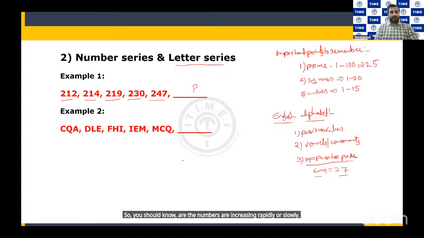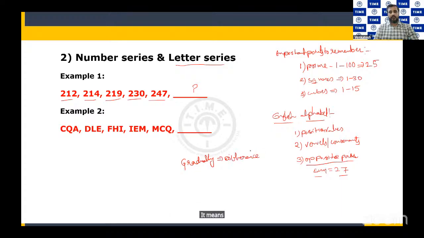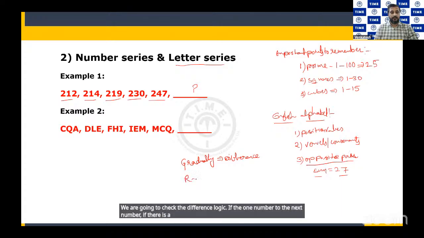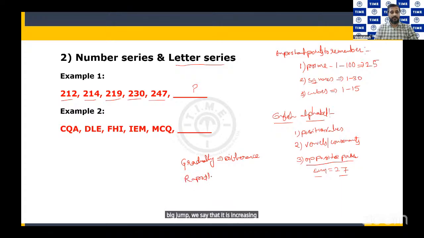If the numbers are increasing gradually, we are going to check the difference logic. It means from one number to the next, if there is a small jump, we check the difference logic. If there is a big jump, we say it is increasing rapidly, and then we check the product logic. You should know this; then only can you complete the questions in less time.